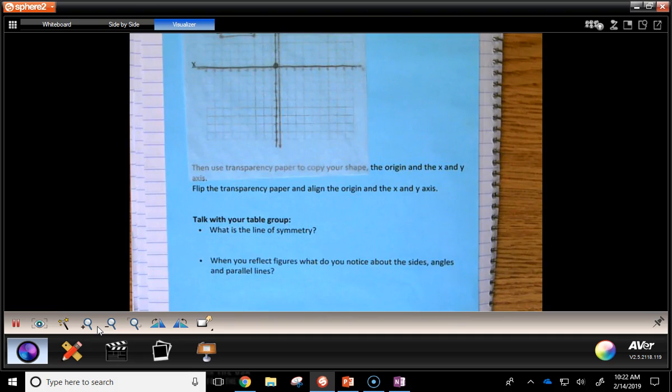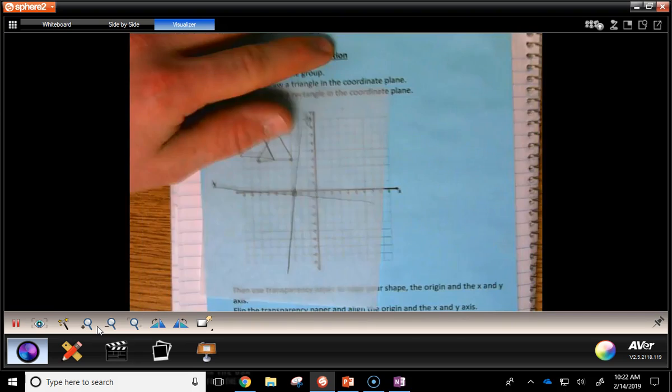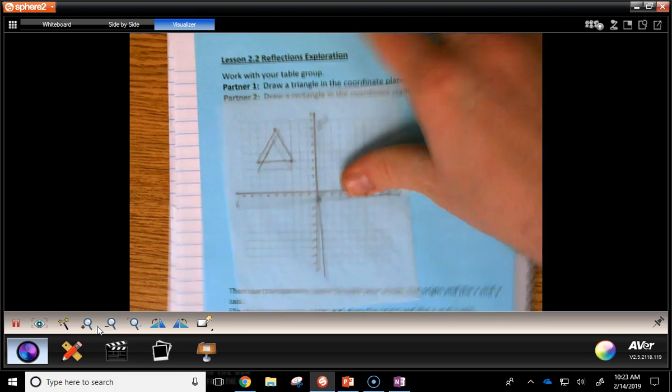Following instructions on this, it said you were to copy this down as I did. I copied the y-axis, I copied the x-axis, marked the origin, copied my triangle. Now, flip the transparency paper.